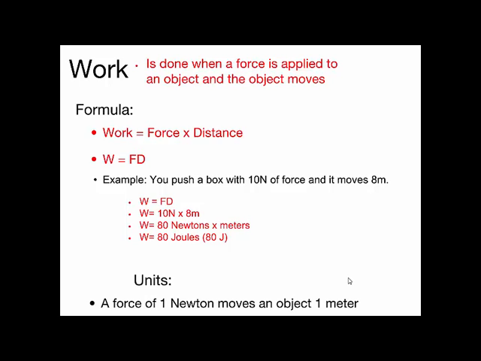So a joule is basically applying a force of 1 Newton to move an object 1 meter. Kind of like a calorie is the amount of heat needed to increase the temperature of a gram of water 1 degree Celsius. Joule is kind of the same sort of thing. Force of 1 Newton applied to move an object.